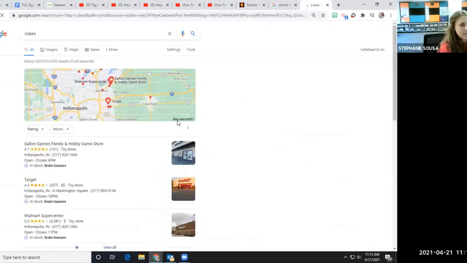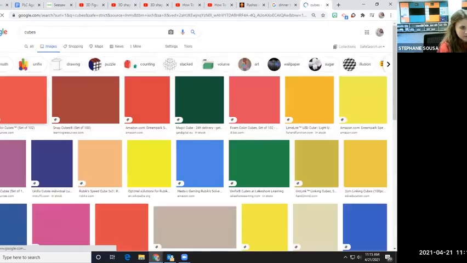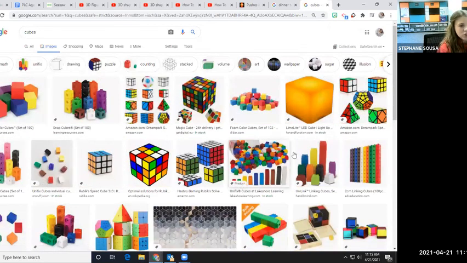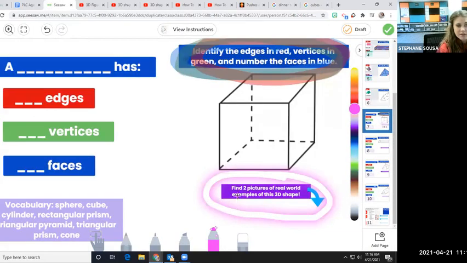Cubes. I'm going to go to images and I'm going to find cubes in the real world. I see a Rubik's Cube is an example of a cube in the real world. Ooh, this is an LED cube. That's another one. And I can take these images and place them on my Seesaw assignment.